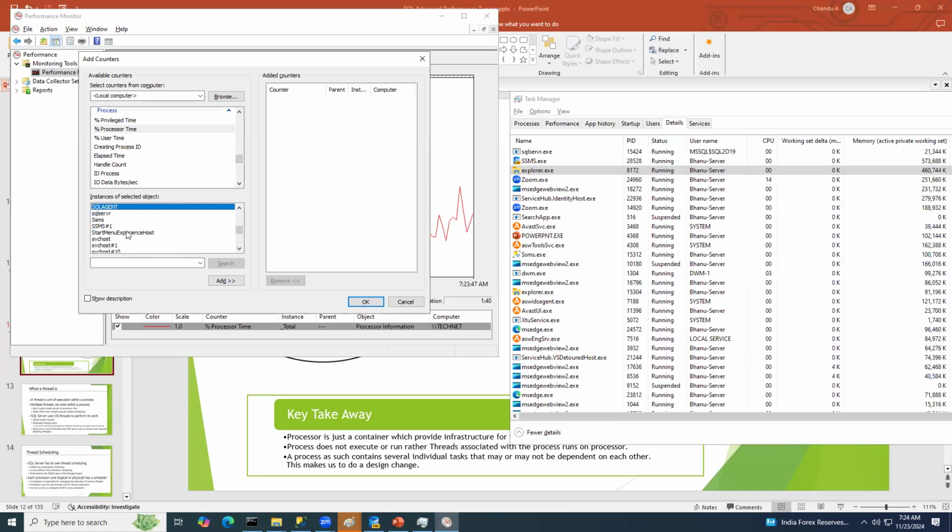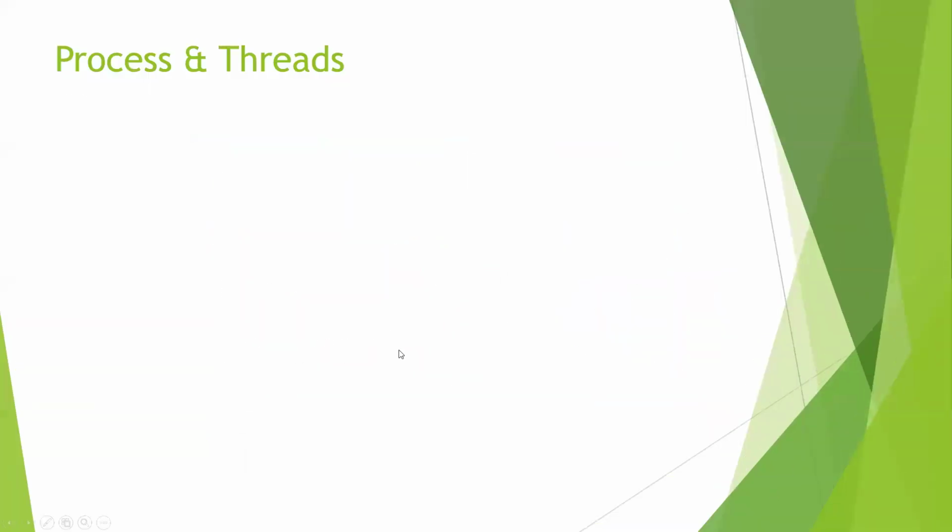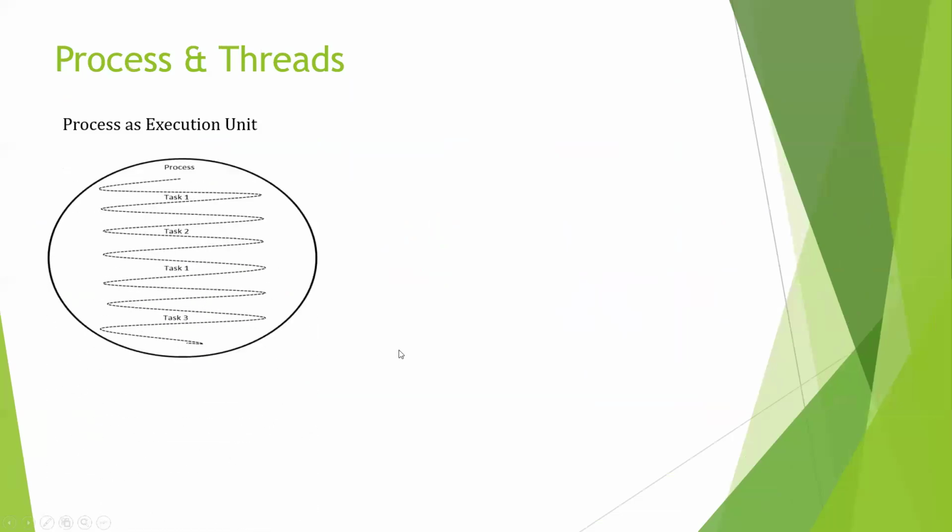Every application installed on this computer is called a process, whereas a processor is a container for your application to execute your queries. It provides the infrastructure for your application to execute queries. That is the difference between process and processor. But who is executing? I keep talking about executing your queries.